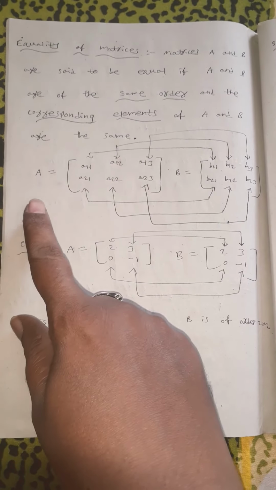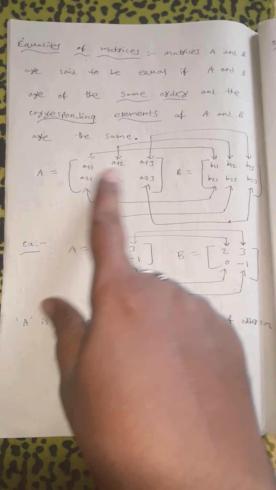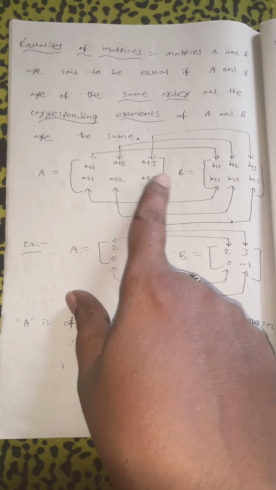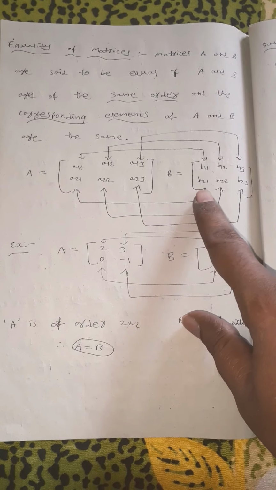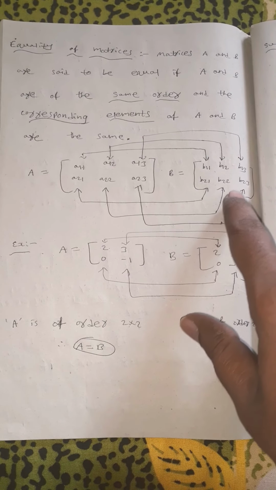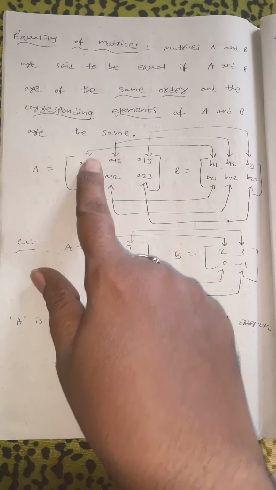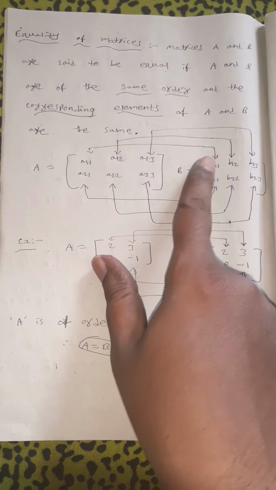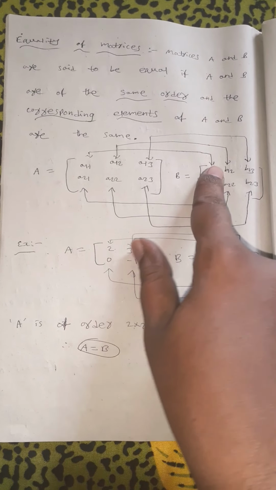For understanding the definition, I have taken A equals A11, A12, A13, A21, A22, A23. So it is a 2 by 3 matrix. B equals B11, B12, B13, B21, B22, B23. So it is also a 2 by 3 matrix. Whatever element is there in the first row, first column should be present in the corresponding position in B also.